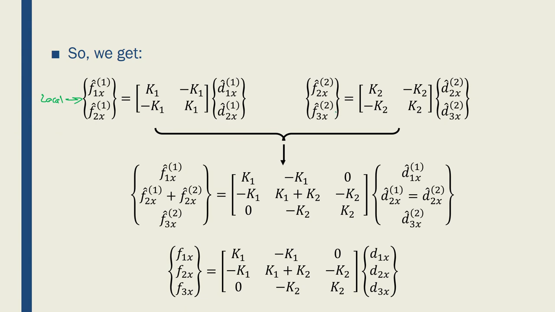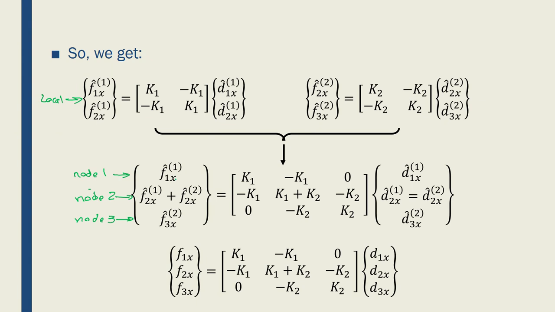I have to add these together to get the total stiffness matrix. So this is node 1, and here is node 2, and this row is for node 3.